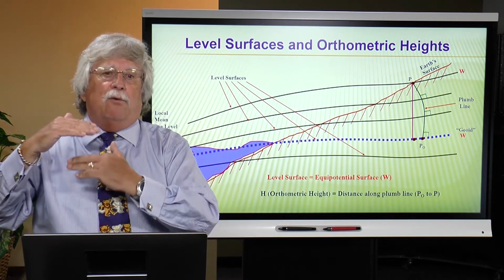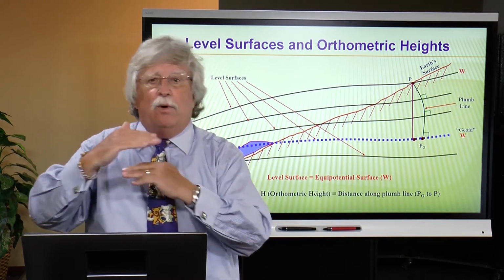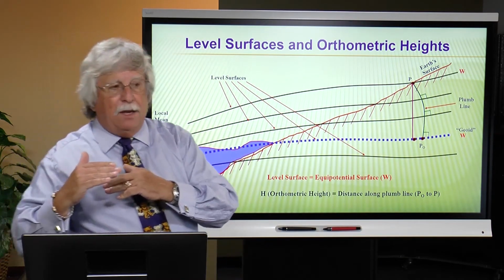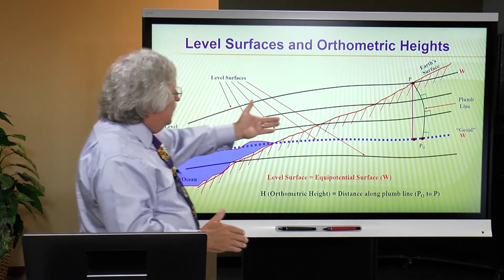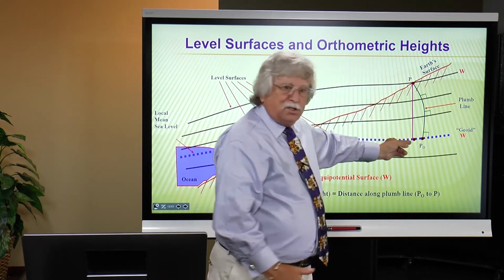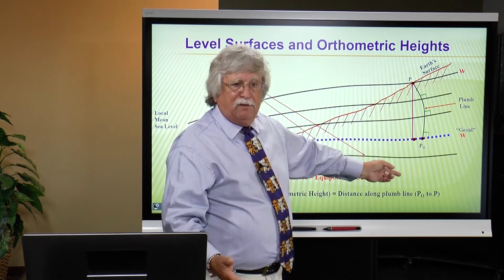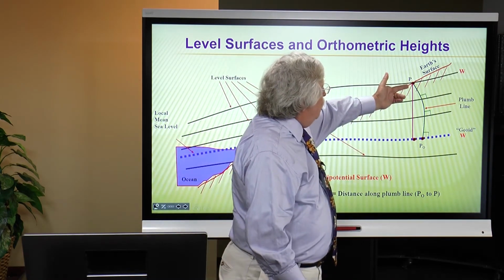And without a really good idea of what the gravity field is doing under each and every one of your measurements, you end up with a series of measurements that are not giving you what you want, which is a direct line from your surface that you've defined, in this case, the defining surface of NAVD 88, to the point in question.